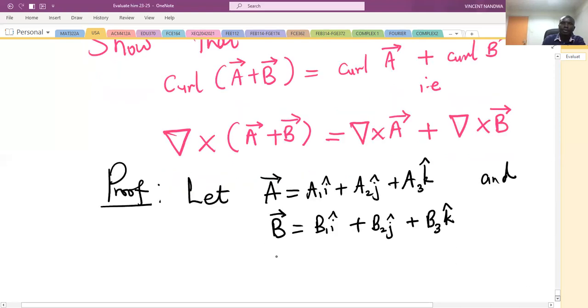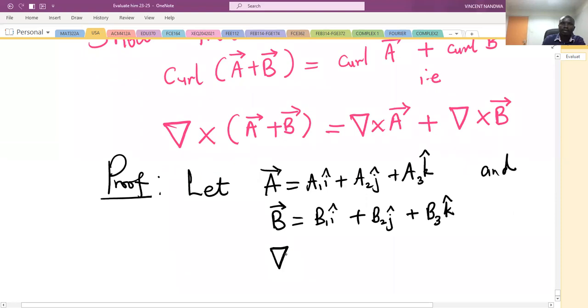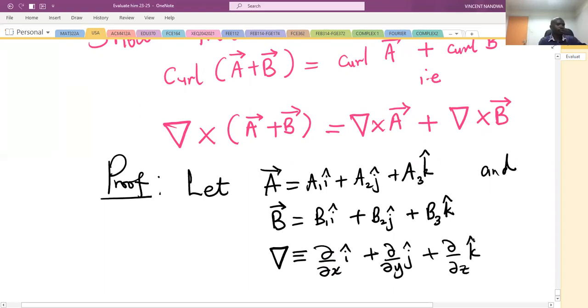And then as usual, del is given by partial x i, partial y j, plus partial z k. So that's what we have from definition.